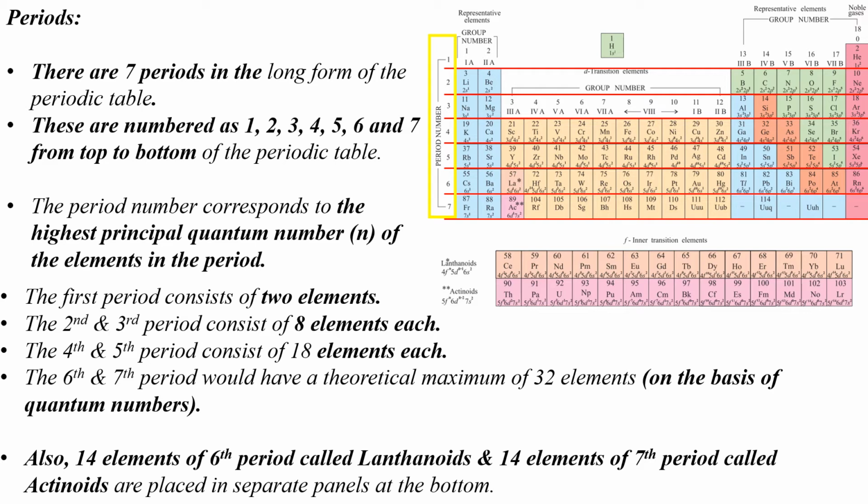Also, 14 elements of sixth period called lanthanoids, which are also called lanthanides, and 14 elements of 7th period called actinoids or actinides are placed in separate panels at the bottom.